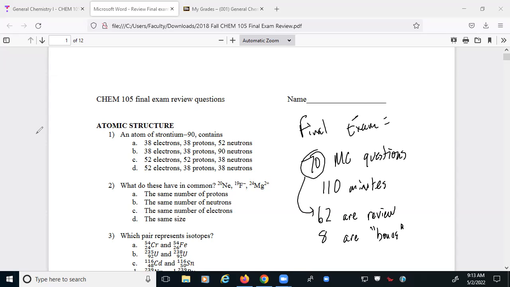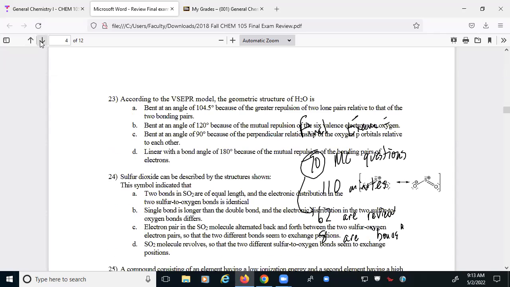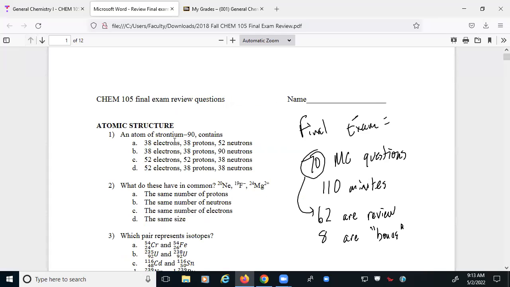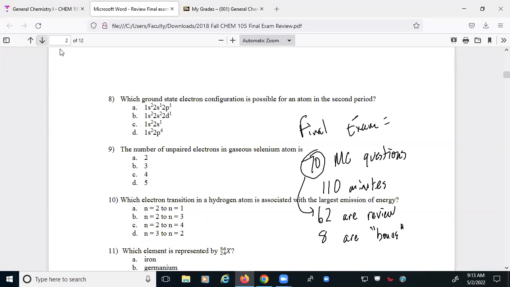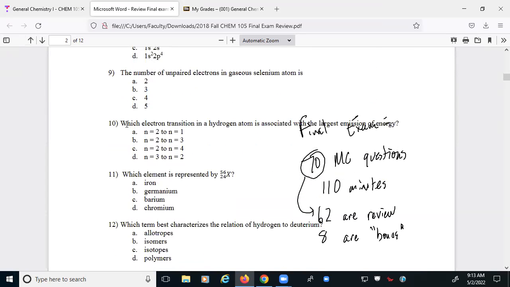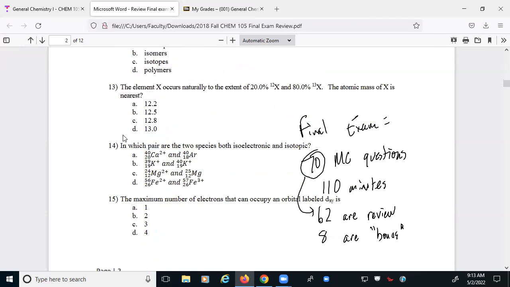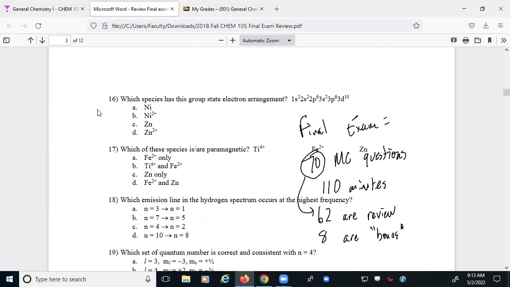Now, in terms of the structure itself, what are the topics? We can find that the exam itself falls into these big categories. Atomic structure, and in atomic structure, you're going to find everything from just like the basic setup of the nucleus, all of this nuclear notation, isotopes, electron configurations, calculating atomic masses, orbital notation.